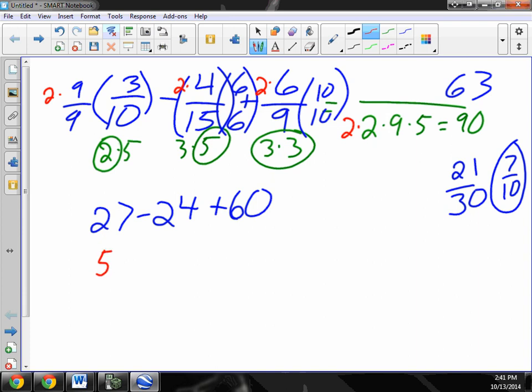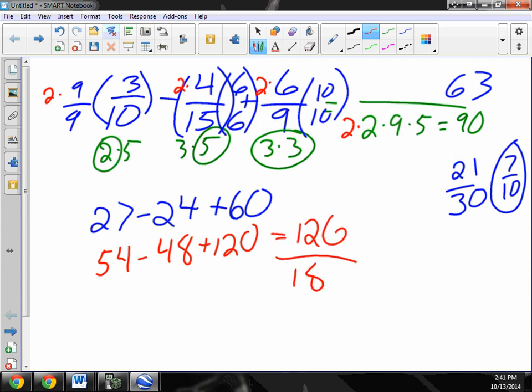So it would be 54 minus 48 plus 120, which equals 126. And now it would be over 180. Is that going to equal 7/10? It should, but is it a good idea to put in extra factors?